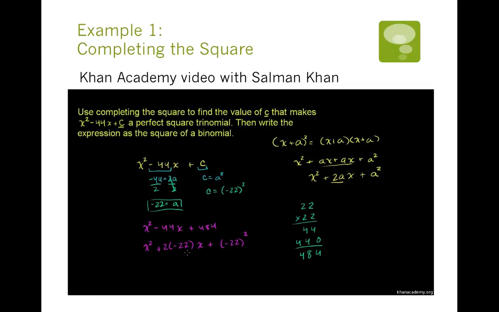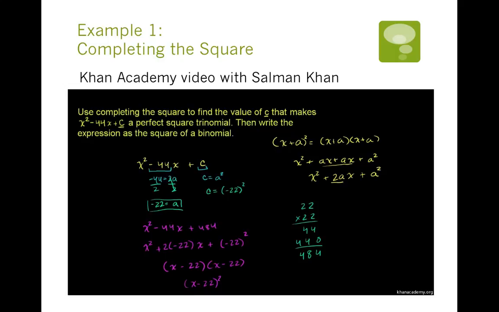And when you view it that way, it's pretty clear that this is a perfect square, and then if you were to factor it, it's the same thing as x minus 22 times x minus 22, or x minus 22 squared. These are all equivalent statements.